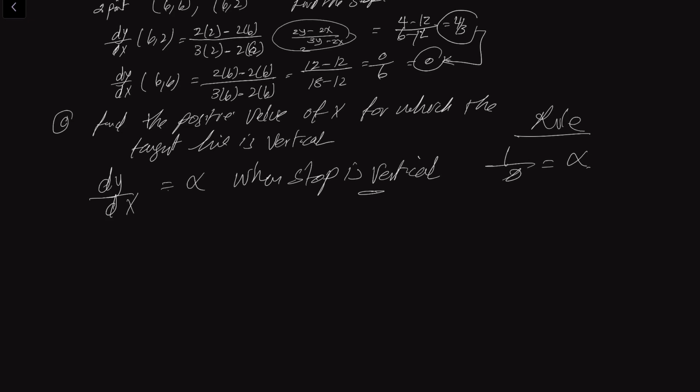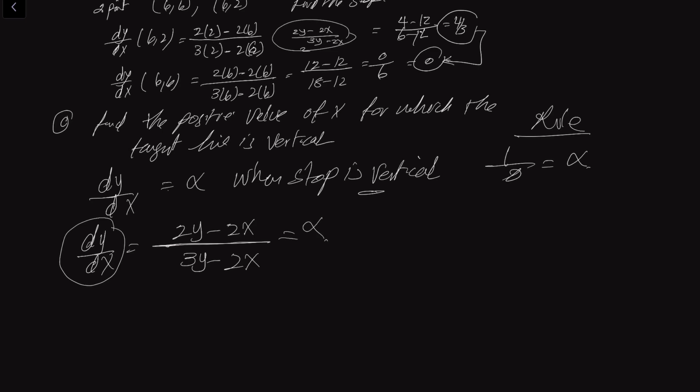So we have the main equation dy over dx is equal to 2y minus 2x over 3y minus 2x. So we want to make the dy dx basically equal to infinity. And in order to do that, we have to make the denominator equal to 0. So this way it will be a value here over 0, which is going to be undefined. All right?